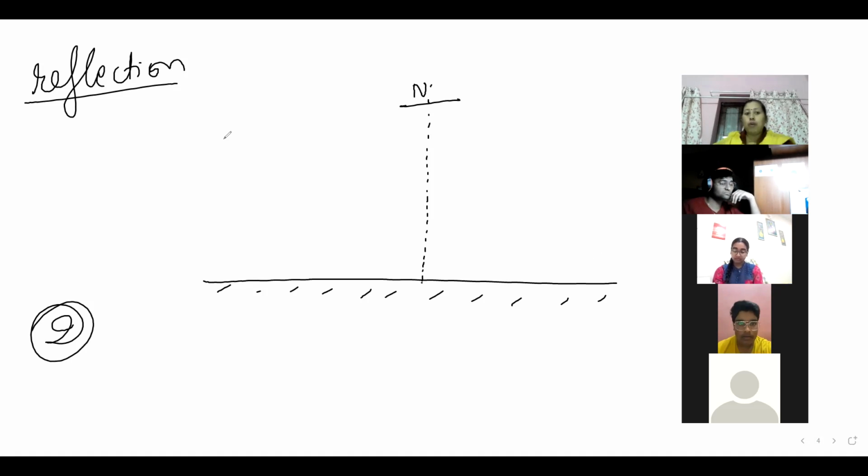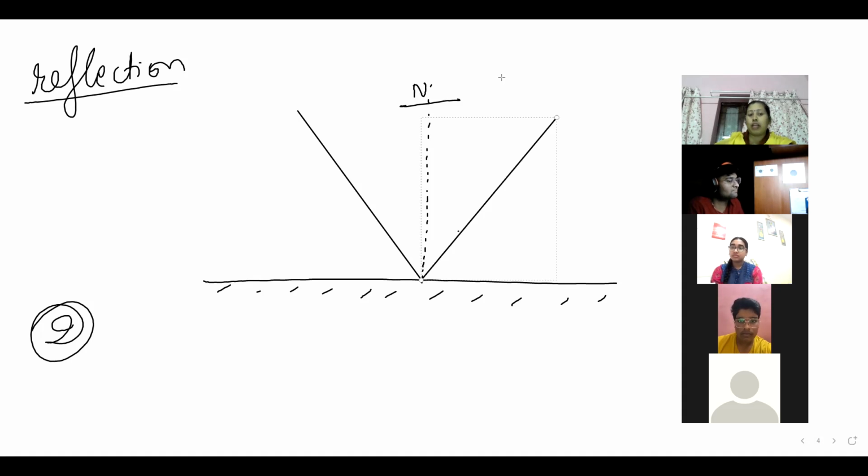Now, suppose an incident ray is coming in with the normal. The angle between the normal and the incident ray should be equal to the angle between the reflected ray and the normal.